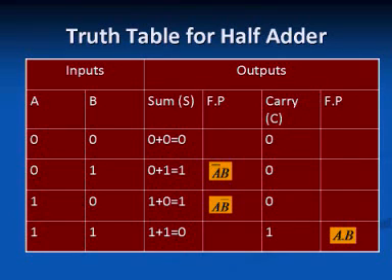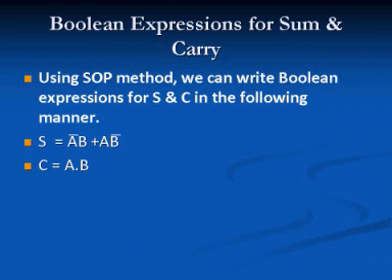As far as carry is concerned, there is only one fundamental product term, and that is A into B. Thus, Boolean expression for carry C is equal to A into B. Using SOP method, we can write Boolean expression for S and C in the following manner. S is equal to A bar B plus A B bar, and C is equal to A into B.